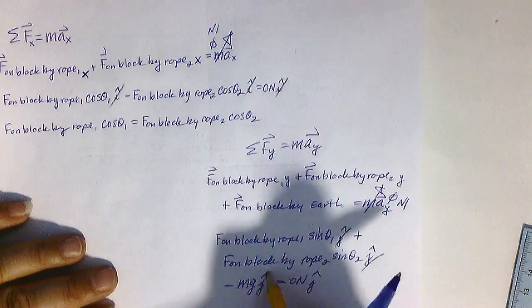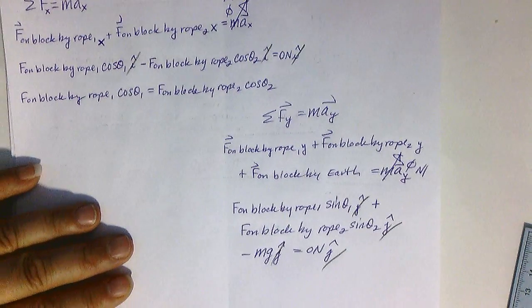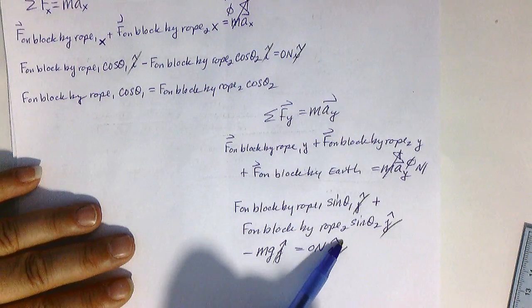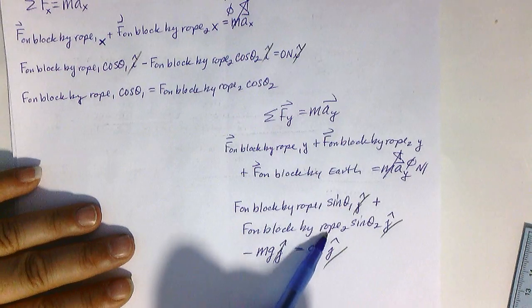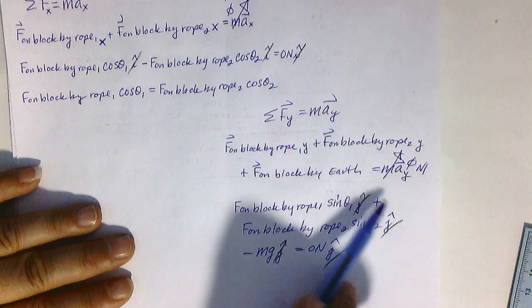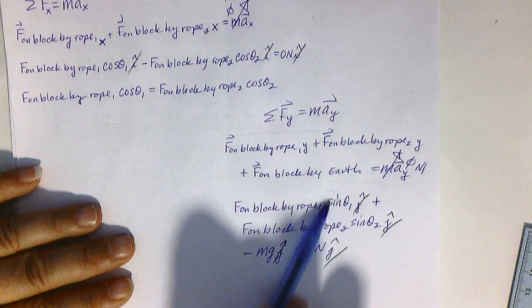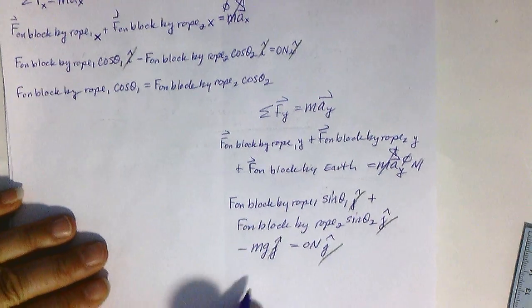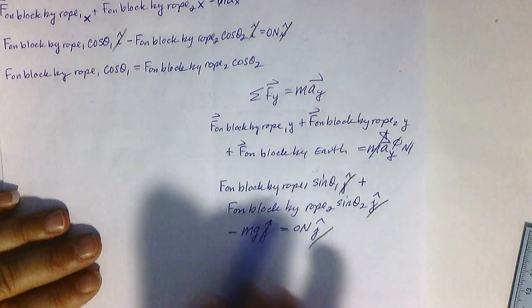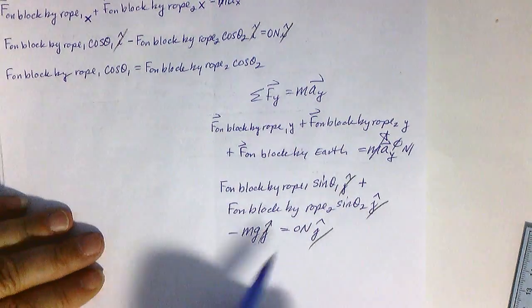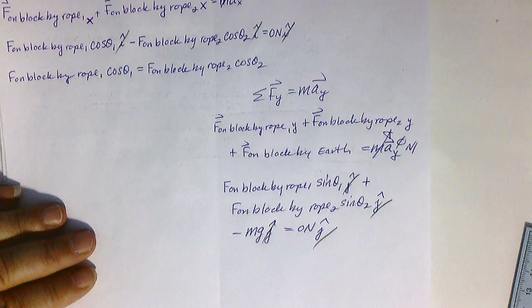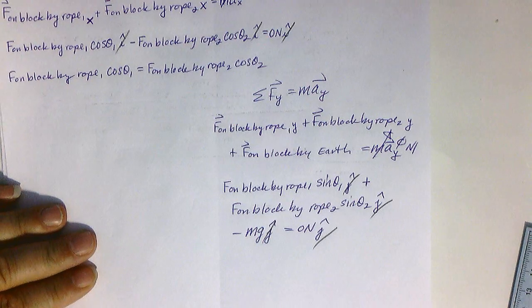Okay, the j hats all cancel out. Remember these are the y components of the tension for rope 1 and rope 2. You got to have a sine if you have a subscript y. Subscript y means component. So now we have our two equations with our two unknowns. In the next video, we're going to learn how to solve for those unknowns.